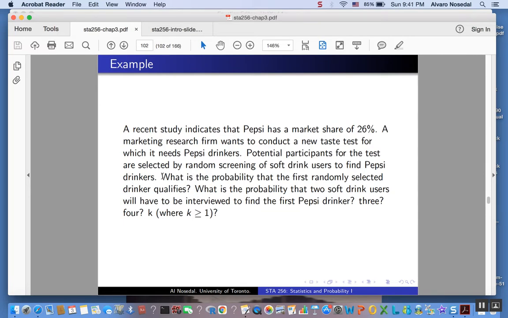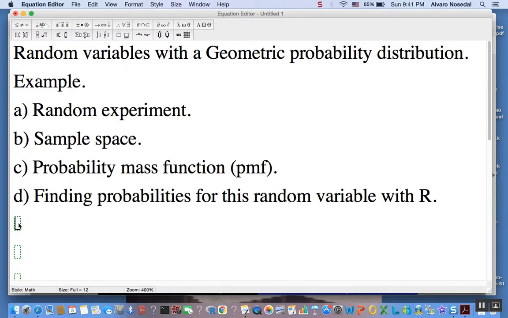Let's start with the first one. What is the probability that the first randomly selected drinker is a Pepsi drinker? Here we go. Solution. We have discussed in detail the characteristics of the random experiment. Let's define our random variable of interest.